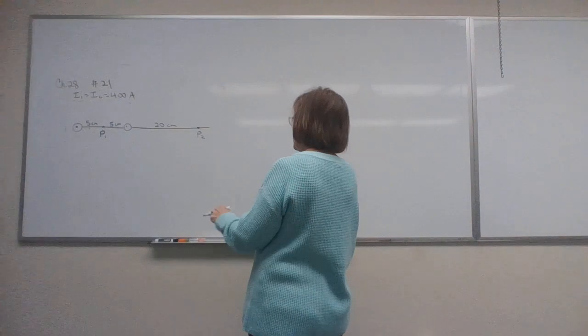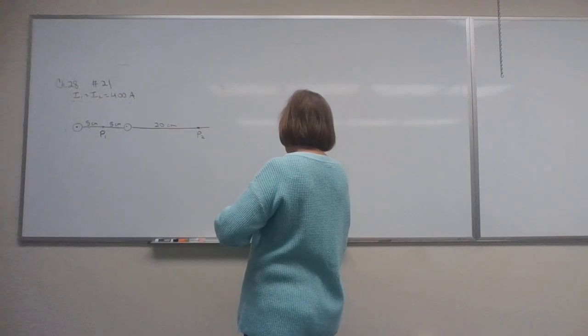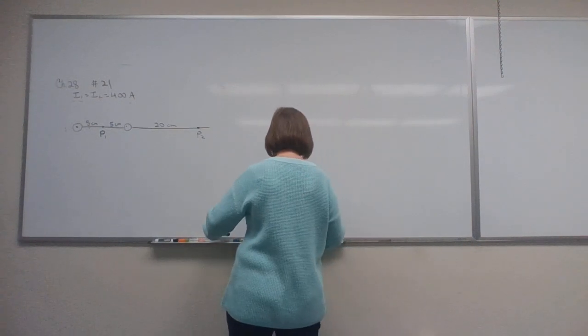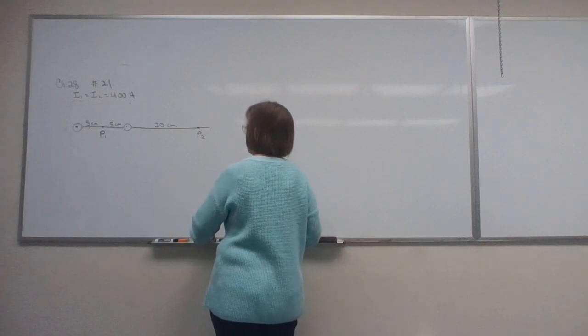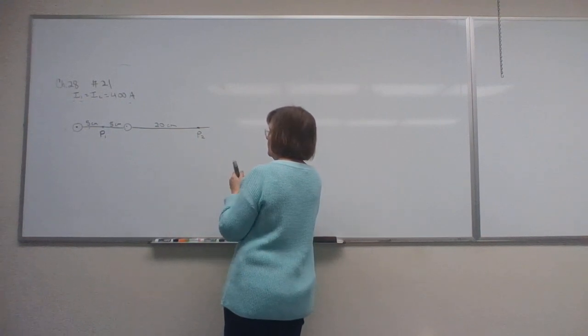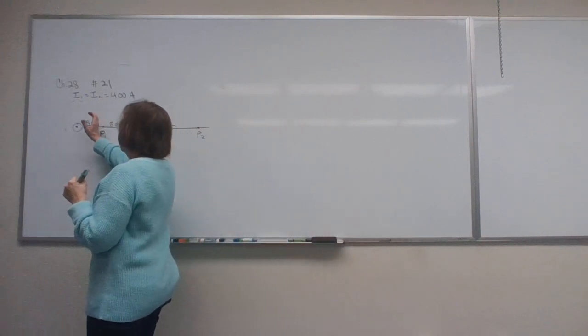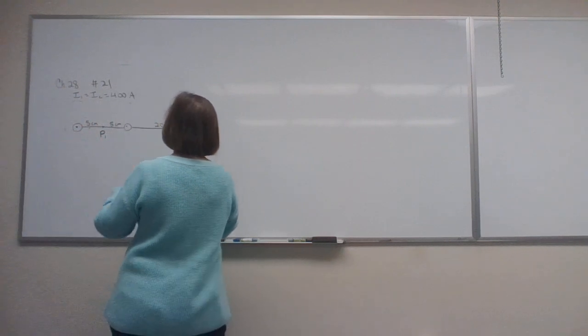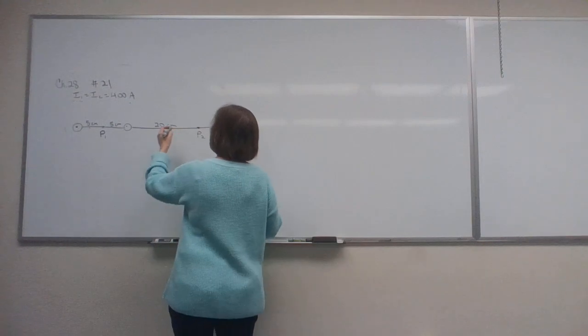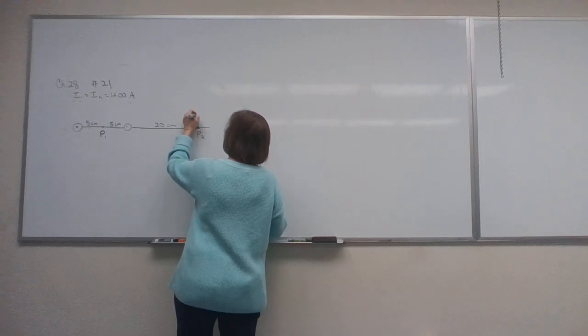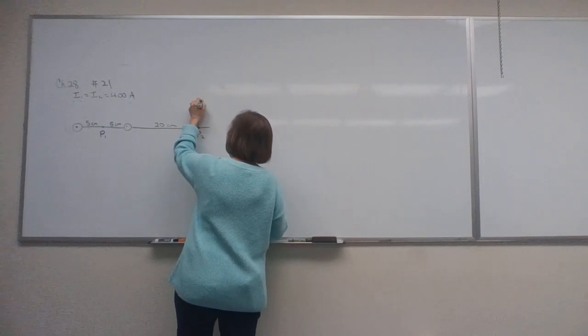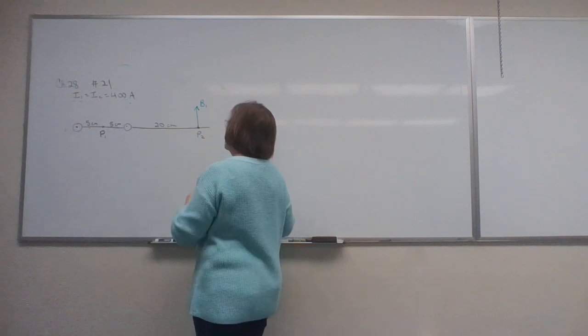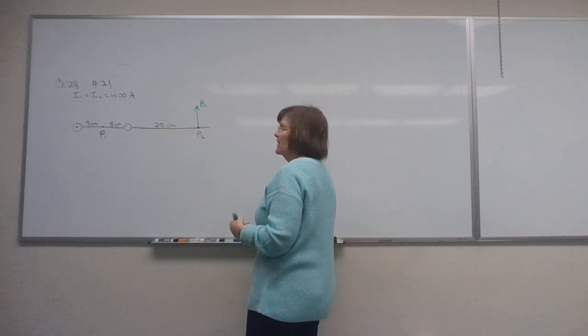That one's not going to be 0. So what we need to do is think about, and we don't really need P1 for this, it was just to help us draw the picture. The magnetic field lines are still counterclockwise. So if this is counterclockwise, I know that B1 is up. It's going to be weaker than B2 because it's farther away.